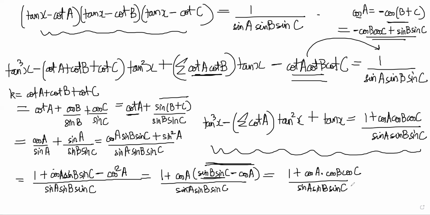Why is this important for us? This is important because what we are getting is that cot A plus cot B plus cot C is equal to this term, and this term was on the right hand side, right? So we are saying that this is equal to this. So the equation becomes: tan cube x minus k times tan square x plus tan x is equal to k.